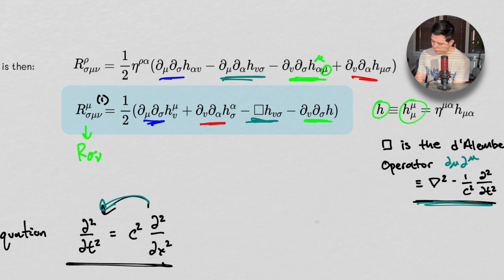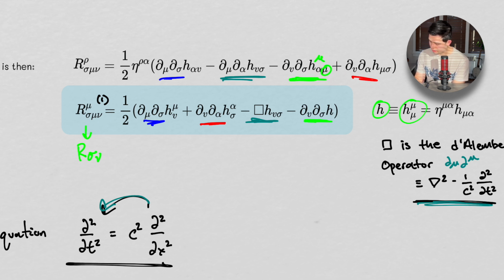So what we are doing here is raising the alpha, because we're identifying rho again with mu. So we're raising the mu. When we raise the mu, we change it into an alpha. So this here is this right here, and we can kind of see how we're doing this. So here we're raising a mu.